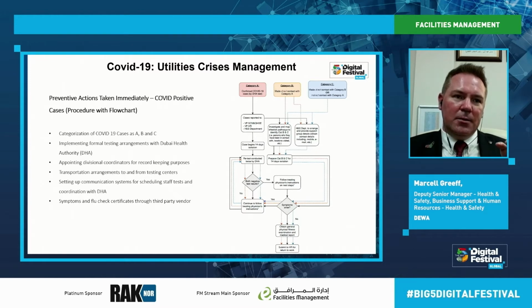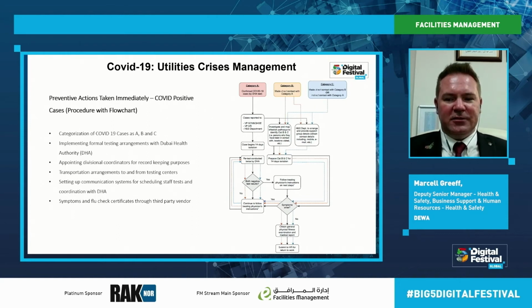From a purely management point of view for the crisis management, I'm sharing with you today that DEWA in the beginning created strong documentation and policies and procedures to manage the pandemic. In one of those guidelines, it was clearly mentioned that the first thing DEWA did was categorize staff into category A, B, or C. Category A staff is anyone that is COVID positive.